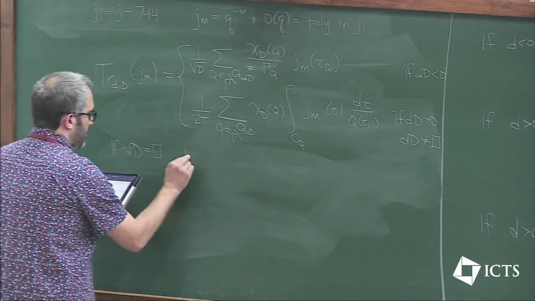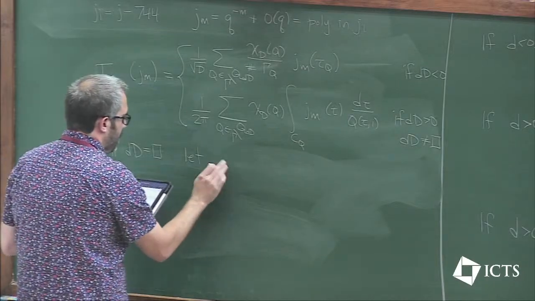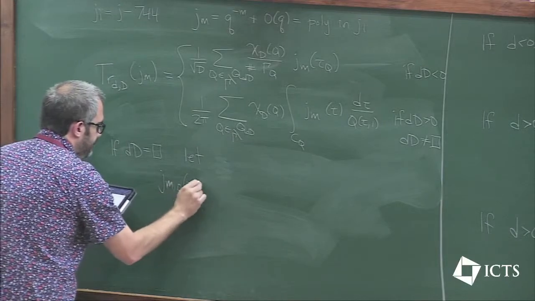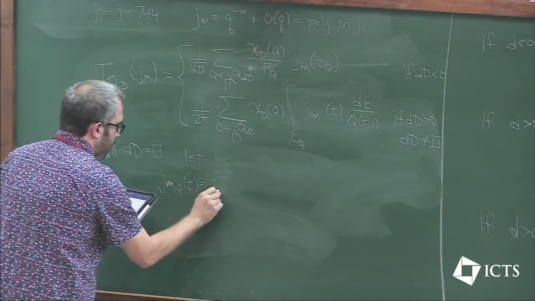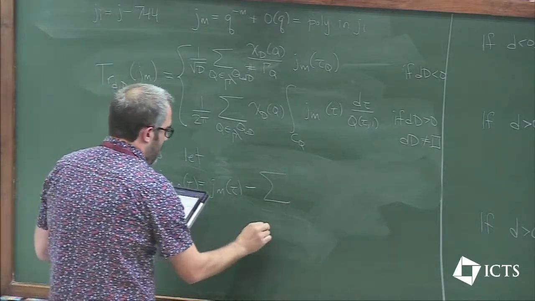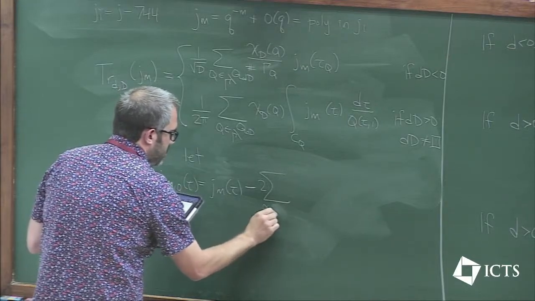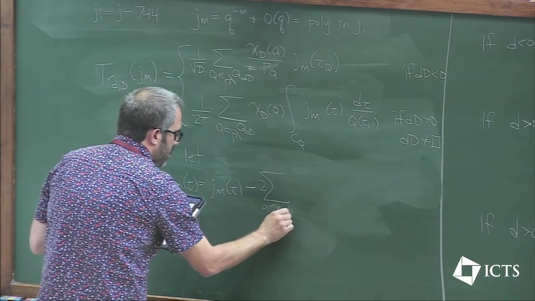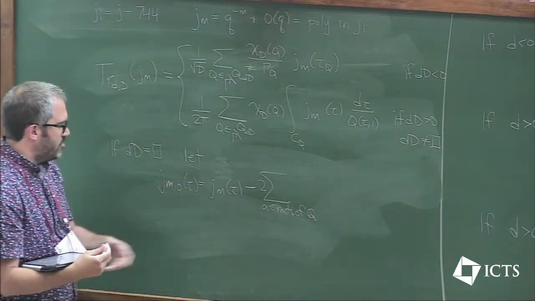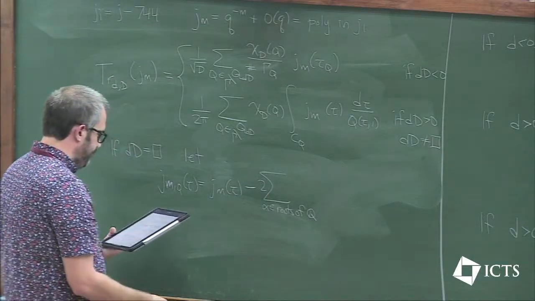There's a couple of ways to do this, but one way is to let Jm,Q of tau be the function Jm of tau minus a sum over the alphas that are the roots of Q. These are rational numbers, or maybe infinity if we allow 1 over 0.